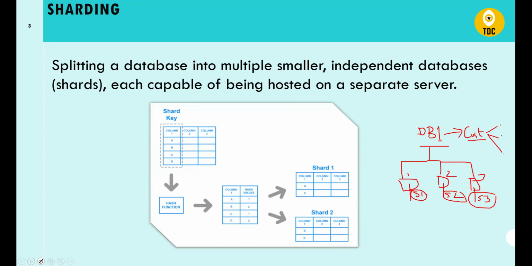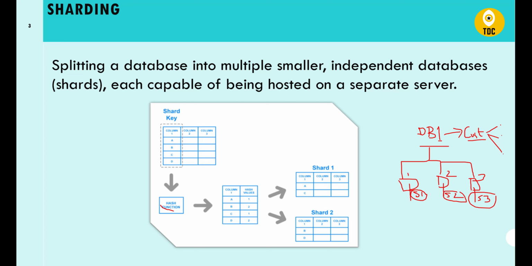Like if you see here, the shard key: if you take customer as a table, column one might be customer ID, right? And based on the customer ID, you create a hash function. It is a kind of logic. It might be a stored procedure, it might be Python code or whatever, that dynamically identifies a hash value.